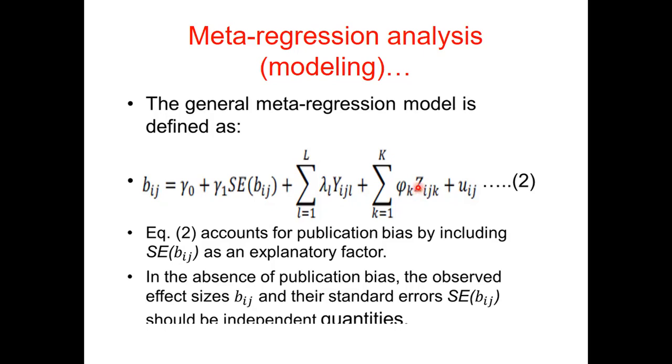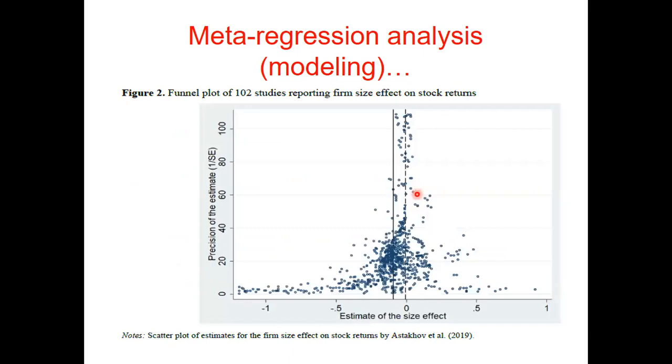Are these studies published in a high quality journal or low quality journals? There are many characteristics that you normally extract from a systematic literature review that you quantify and put in the form of binary variables, okay? Sort of dummy variables. So that's how you would normally design your meta-regression.